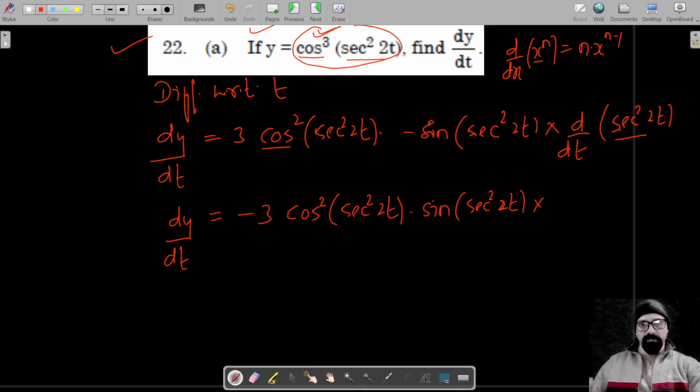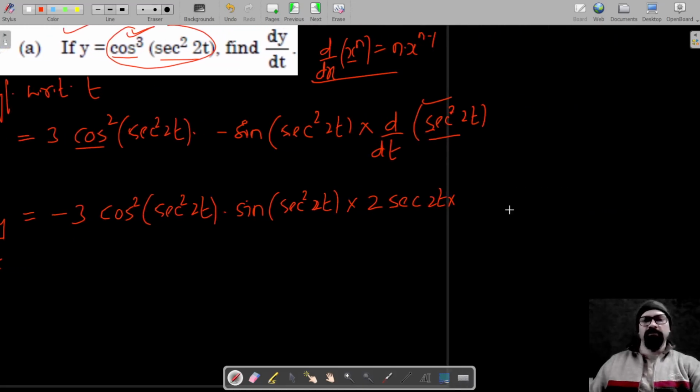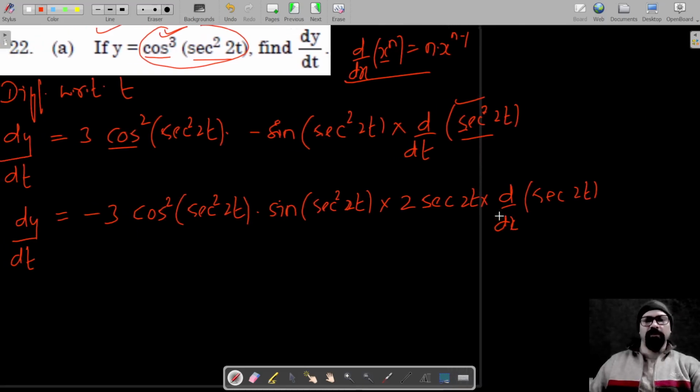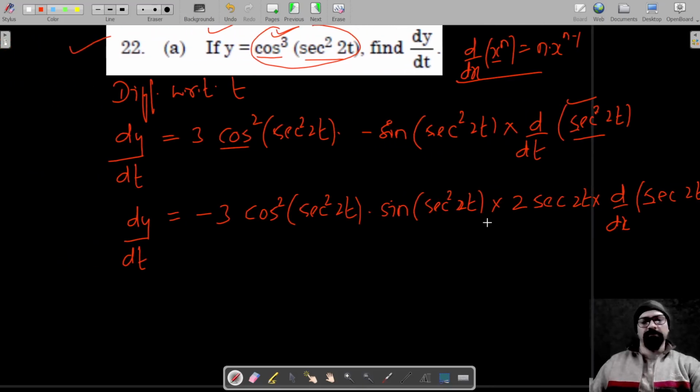Here once again we are going to use the formula x raised power n. So this is 2 into x raised power n minus 1 is 1, so 2t. And now the differentiation of secant 2t. So what is the differentiation of secant?